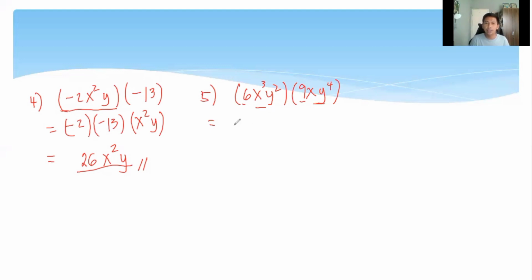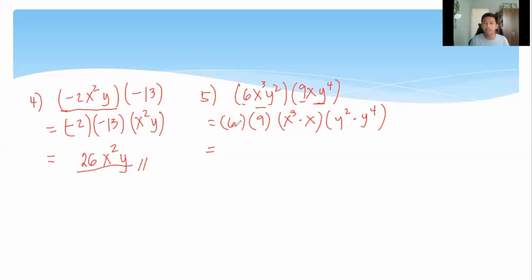So we have positive 6 times positive 9, and then we also have x cubed times x, and then y squared times y raised to 4. Applying now the product rule, you have to keep the base and then add the exponents on these literal coefficients.